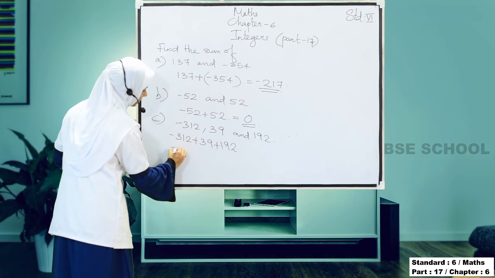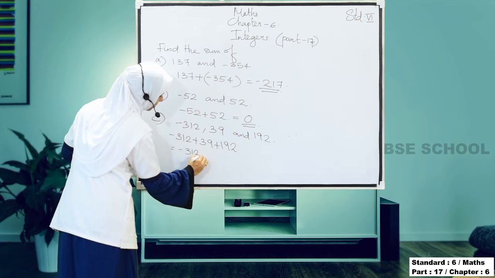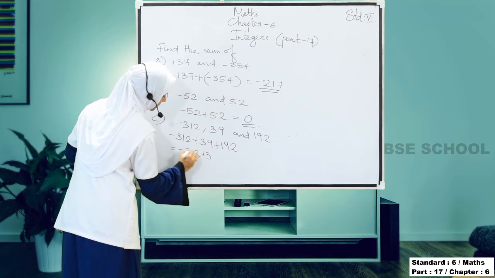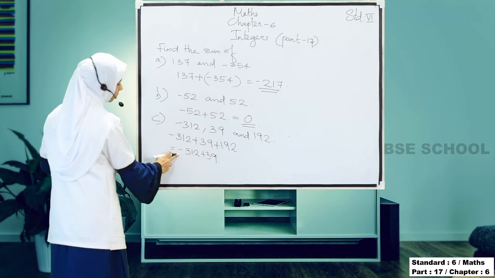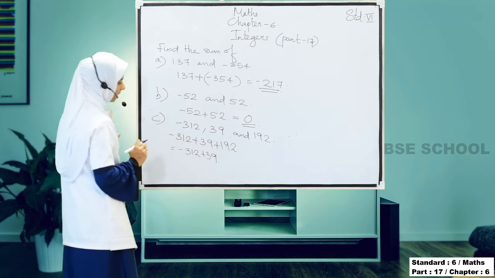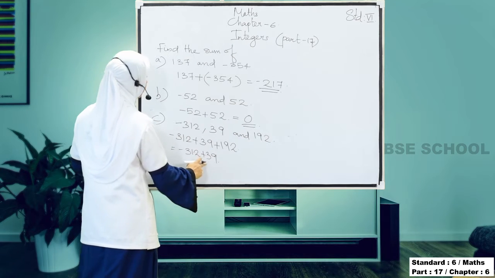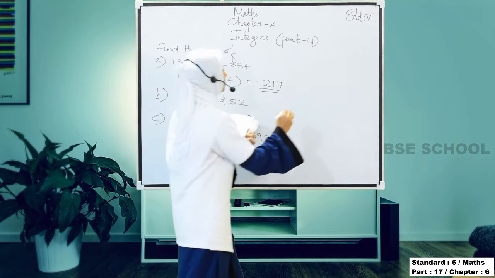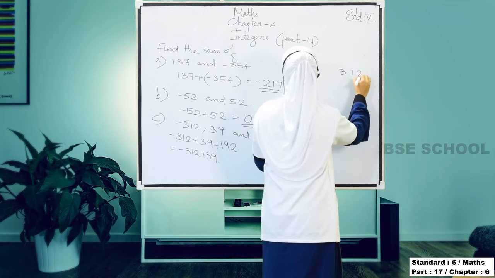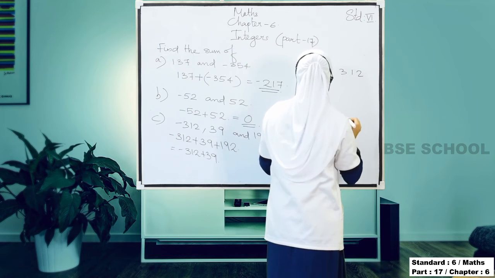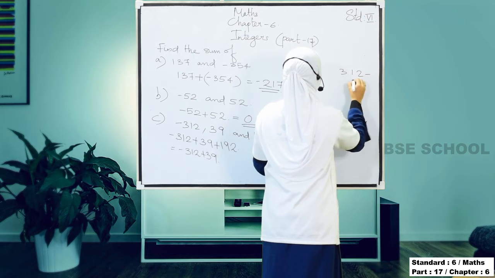Okay, then first minus 312 plus 39. So one negative number and one positive number came. Then we have to subtract those two numbers. So 312 minus 39.